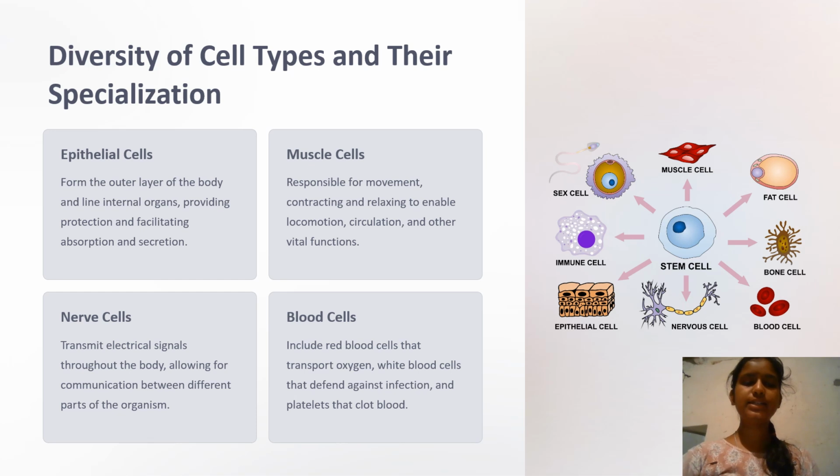Thirdly, nerve cells transmit electrical signals throughout the body, allowing for communication between different parts of the organism. And fourthly, blood cells include red blood cells that transport oxygen, white blood cells that defend against infection, and platelets that clot the blood.